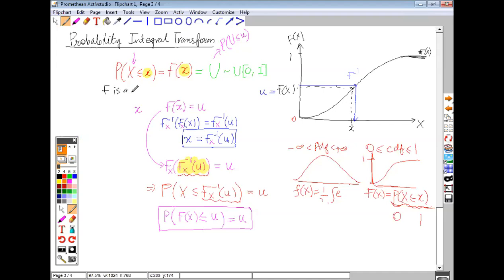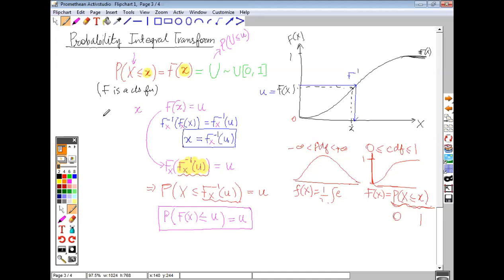Only if it is a continuous function can you take its inverse, and its inverse will be defined for every point. Otherwise, it won't be. For our cases, we are assuming that f is a continuous distribution. For discrete distributions, you can't always take the inverse, and it may not even be uniform.